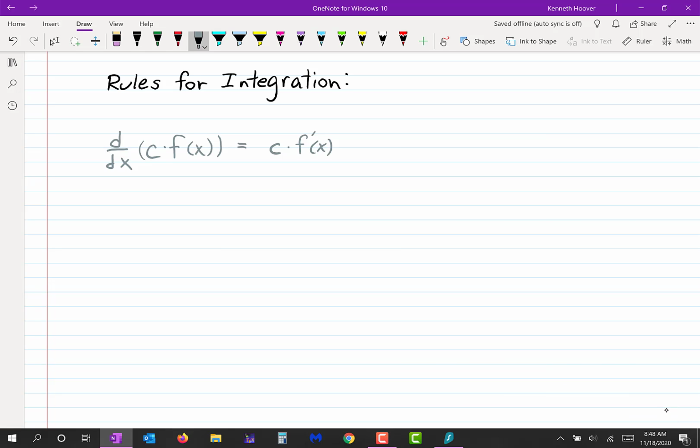In other words, you can factor a constant out of a derivative.